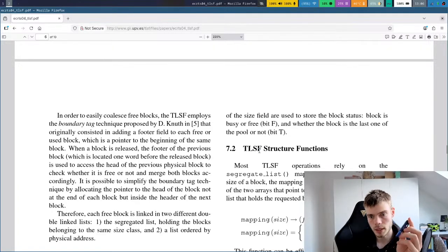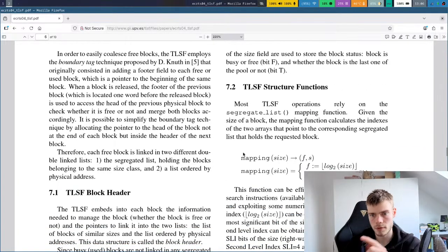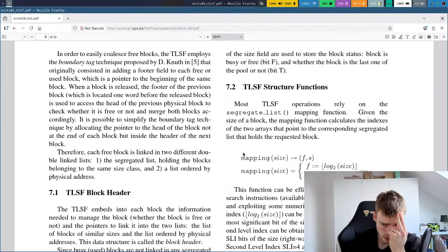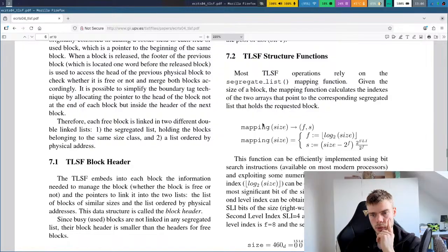Okay, TLSF structure functions. Most TLSF operations rely on the segregated list mapping function. Given the size of a block, the mapping function calculates the indices of the two arrays that point to the corresponding segregated list that holds the requested size.